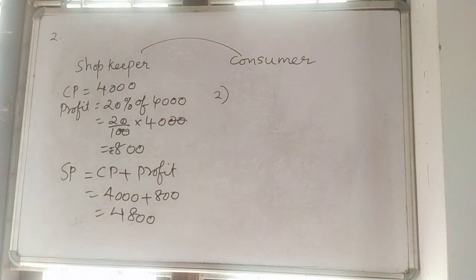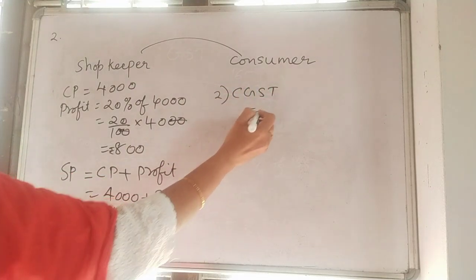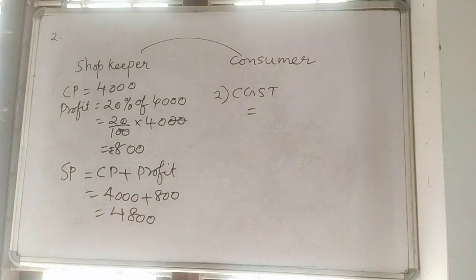We already discussed that tax is applicable only on the selling price. So we are discussing with the selling price only. CGST will be 2.5% of the selling price. That means tax will always be applied on the selling price.